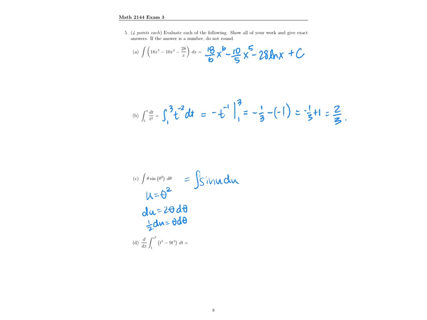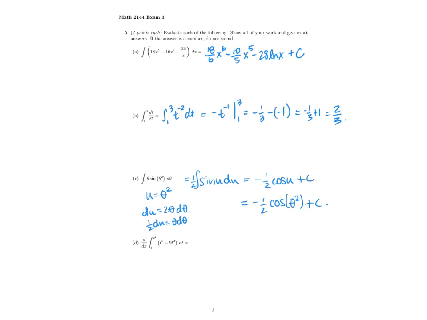And then since my theta d theta was 1/2 du, I can write that 1/2 out front, or you can write the 1/2 inside. Either way, it doesn't matter. So what is an antiderivative of sine? It's negative cosine plus c. And since my original integral was in terms of theta, I'm going to write my answer in terms of theta as well. So instead of writing cosine of u, I'm going to write cosine of theta squared.